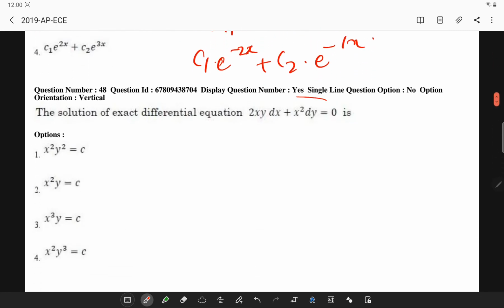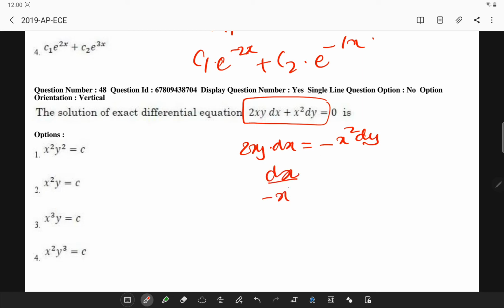Next, this is a differential equation. So I have to rearrange the terms in such a way that 2xy dx is equal to minus x square dy. Or I have to rearrange dx by minus x square is equal to dy by 2xy.